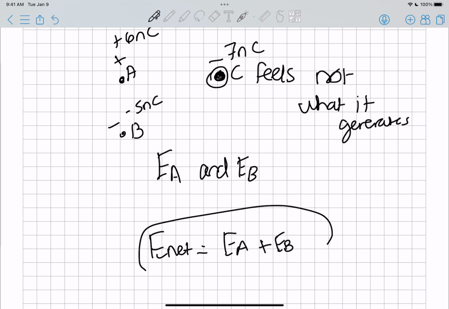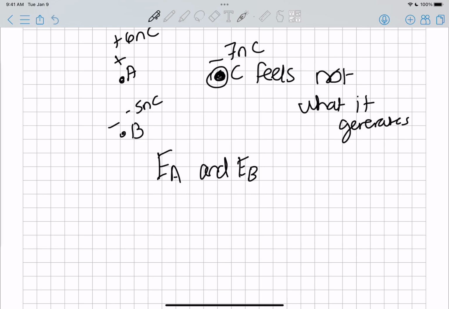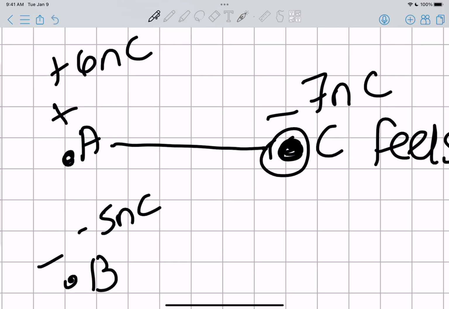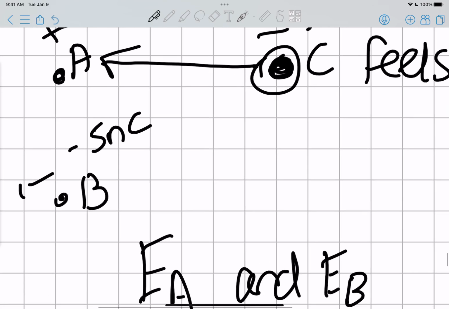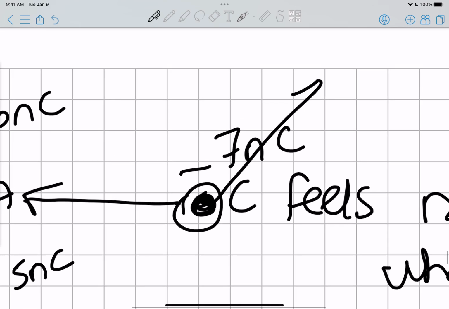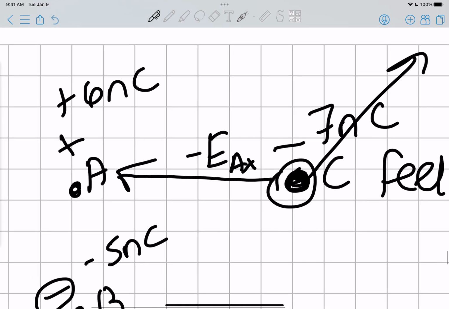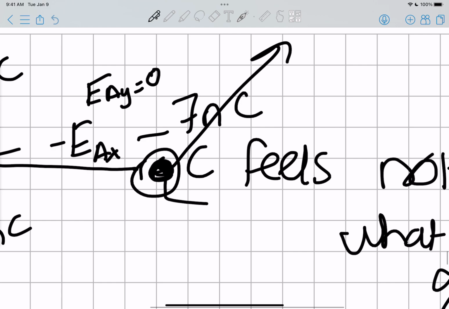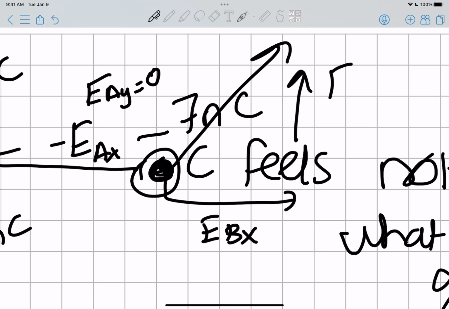And it's not exactly a one-to-one conversion like that, because the issue is that we have X and Y components of each one. So if this was a negative charge, it would move to the left, attracted this way, and this is a negative charge here as well, so it would be repelled that way. So we'd have a negative EAX, and EAY is equal to 0 because you're not moving along the y-axis. And we also have a positive EBX and a positive EBY.